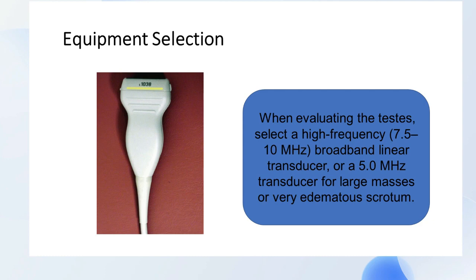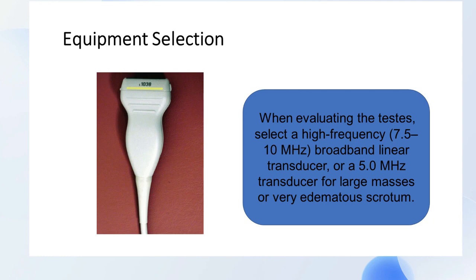Depending on where you work and the type of transducer that you have, you can use any linear array transducer that you have at your disposal that can demonstrate the testicle to advantage. The higher the frequency, the merrier. But as you know, the higher the frequency, it comes at a price.